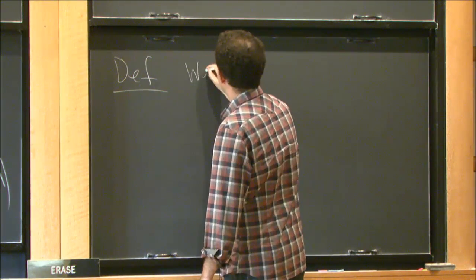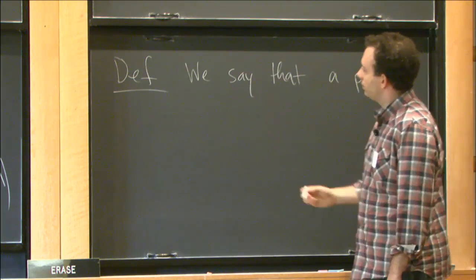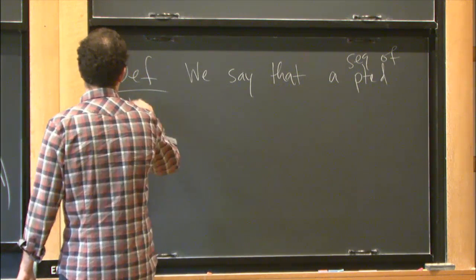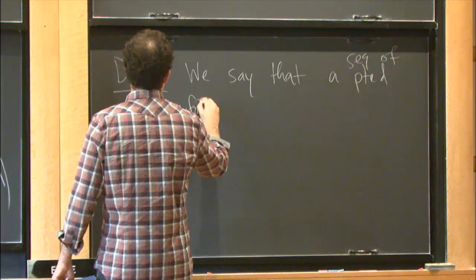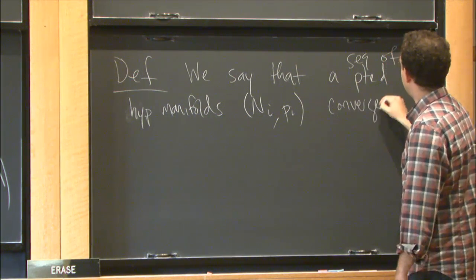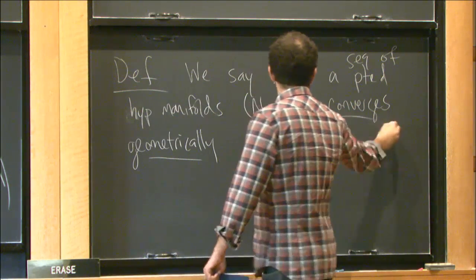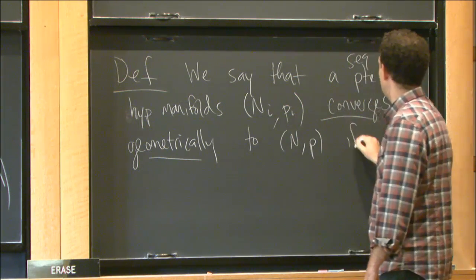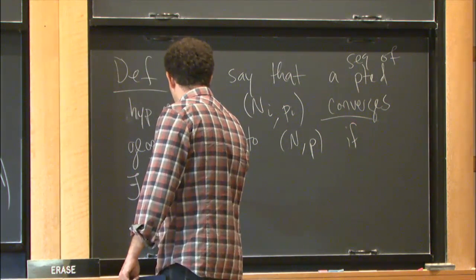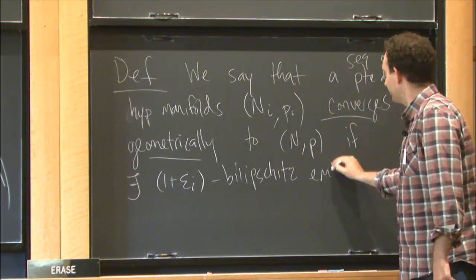So we say that a sequence of pointed manifolds, let's just say they're hyperbolic manifolds, Ni Pi converges geometrically to a pointed manifold NP if, well, if there exists 1 plus epsilon i bi-Lipschitz embeddings.